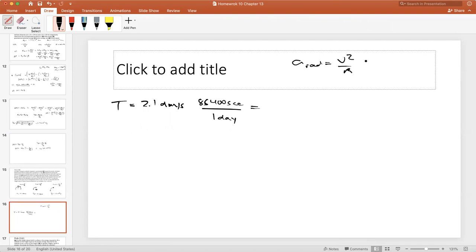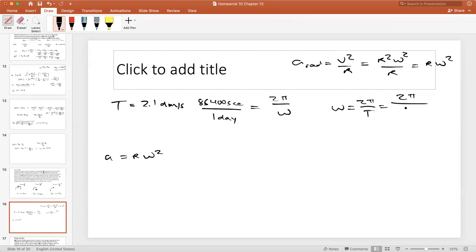But if v is equal to r omega, then this becomes r squared omega squared over r, and that becomes r omega squared. So we're trying to compute a is equal to r omega squared. Now T is equal to 2 pi over omega, or omega is equal to 2 pi over T. So if you take 2 pi and divide it by, in this case, 2.1 times 86,400, you'll get omega.